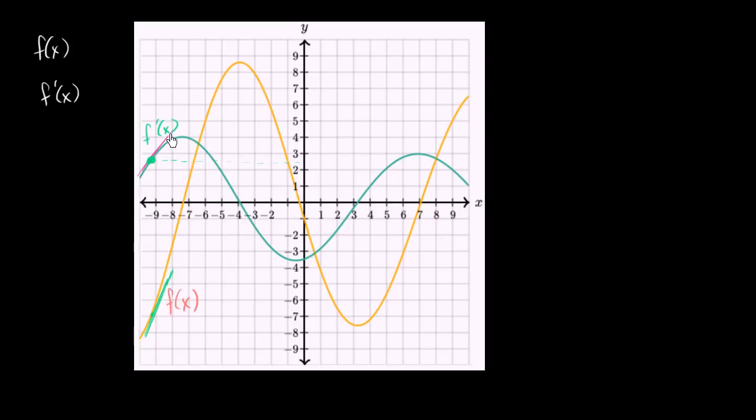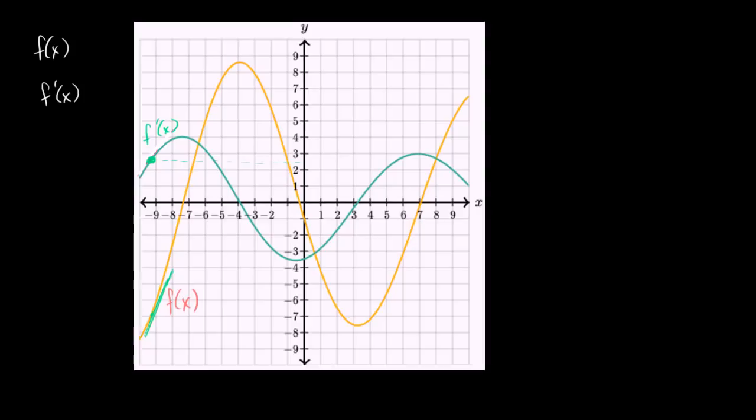Actually, let me erase this just so we don't look like we're trying to take the slope of the tangent line of the derivative. So we see the slope of the tangent line right over here looks like about 2.5, and the value of this function up here looks like it's about 2.5. So far, this green function looks like a pretty good candidate for the derivative of this yellow function. But let's keep going here.